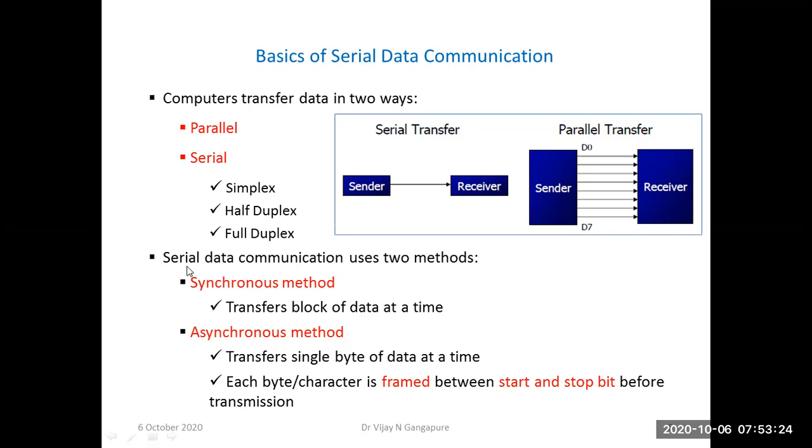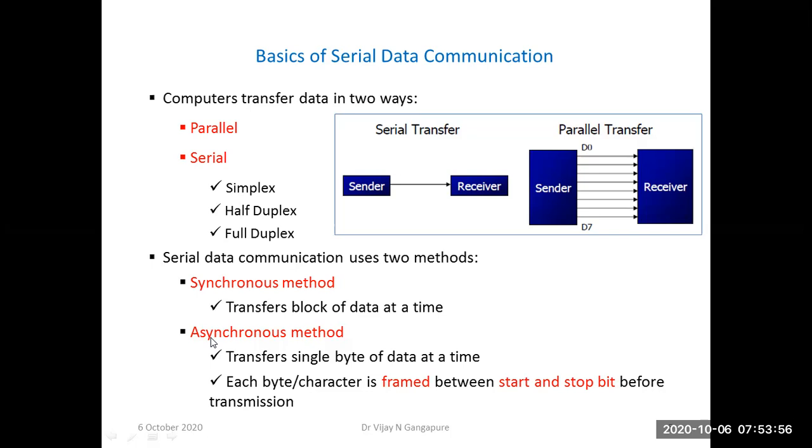Now serial data communication uses two methods to transfer data: the synchronous method and the asynchronous method. In the synchronous method, transfer of a block of data happens at a time, which means a block of data, that is a number of bytes, is transferred between the sender and receiver at a time.